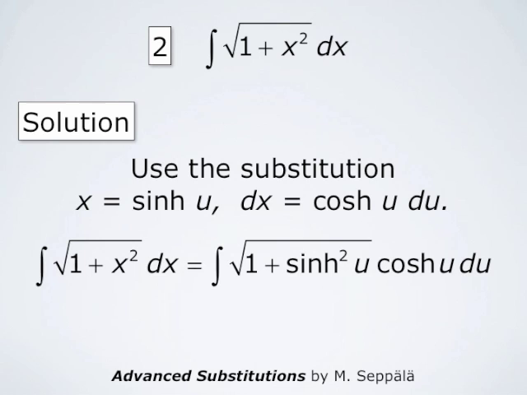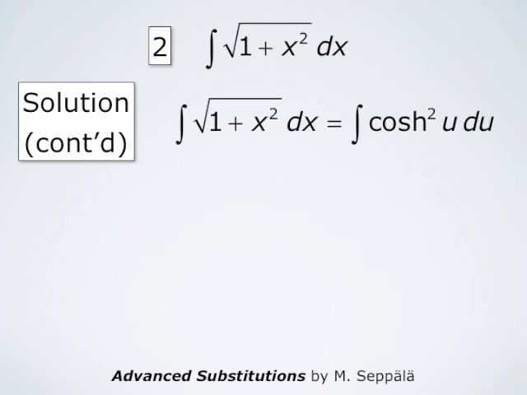Square root of that is hyperbolic cosine of u. So we observe that this integral became the integral of hyperbolic cosine of u times hyperbolic cosine of u du, which is just the integral of hyperbolic cosine squared of u du.